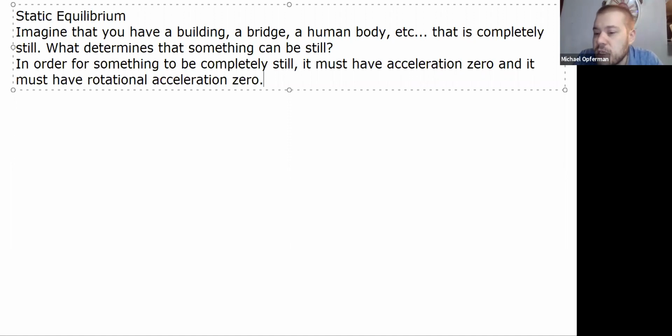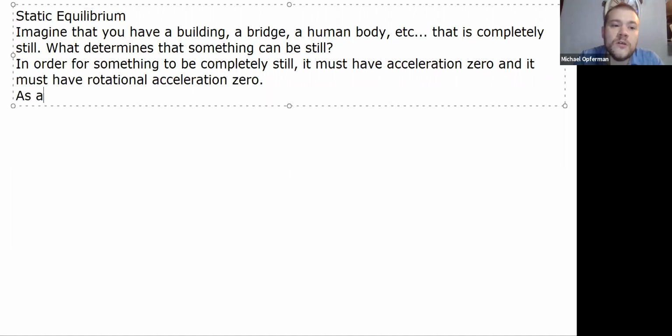And if it's going to be stationary over time, then it can't have an acceleration or rotational acceleration, because the velocity of the object and the angular velocity of the object have to be unchanging over time.